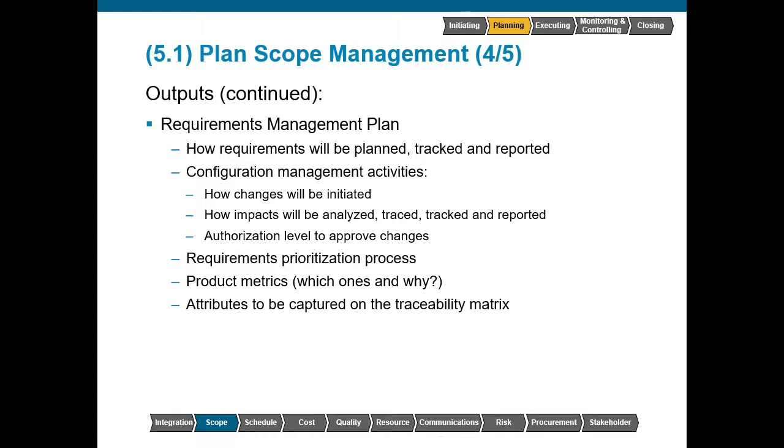So, perhaps we're looking at the mean time between failures or service interruptions, or maybe defects or defect frequencies. Different projects and different deliverables can benefit from the use of different metrics. And what type of attributes should we capture on the requirements traceability matrix, which we'll be seeing in some of the upcoming processes here? All we're doing is laying out the groundwork, building what the template should look like. So that way, when it is time to create that requirements traceability matrix, we know how to do it.